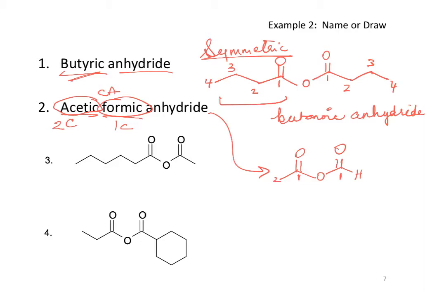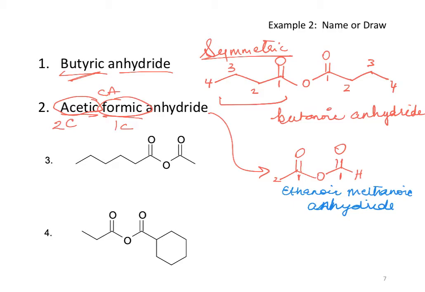I could make it truly IUPAC and I could totally call that ethanoic methanoic anhydride. And that's okay too, because some of the names, like we have discussed, especially in the carboxylic acid world and the derivatives, which you will see in biological systems, continue to use the CA names more commonly.